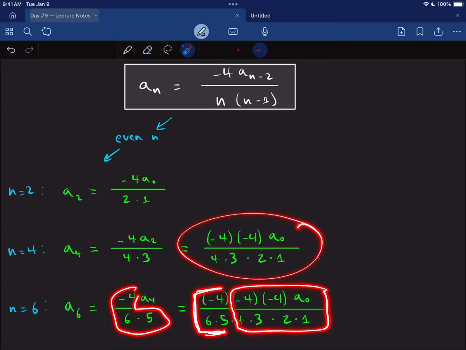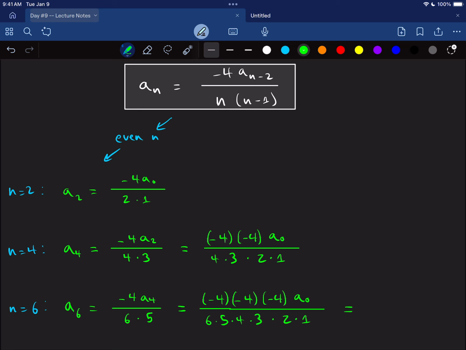If I look down here at the a6, I think it's pretty clear to see that I have three negative signs. I also have three fours. I have an a naught, and I have a 6 factorial. Then in the a4, I have two negative ones. I have two fours.